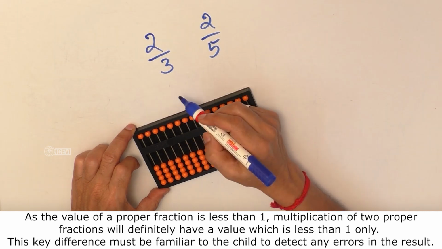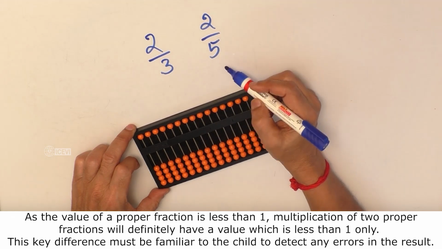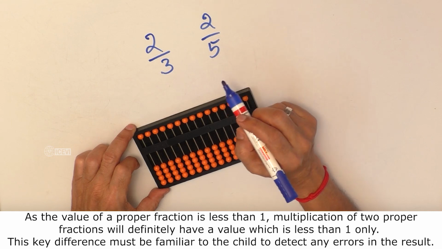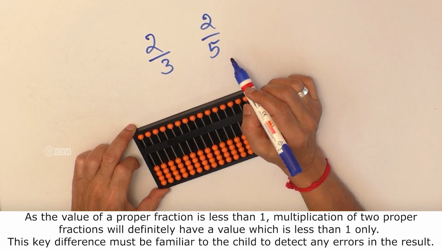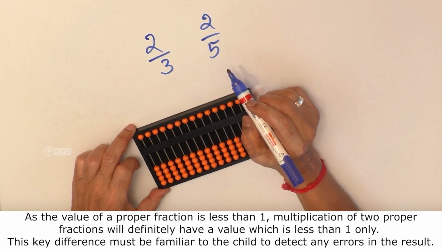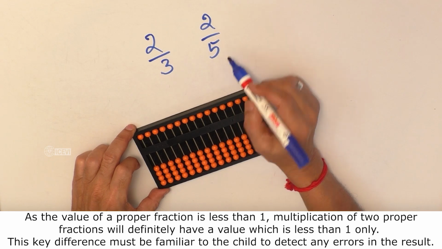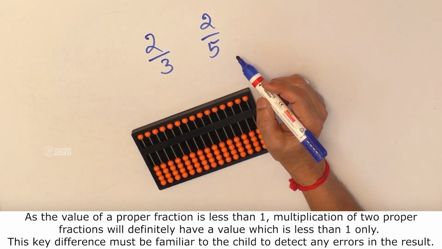As the value of a proper fraction is less than 1, multiplication of two proper fractions will definitely have a value which is less than 1 only. This key difference must be familiar to the child to detect any errors in the result.